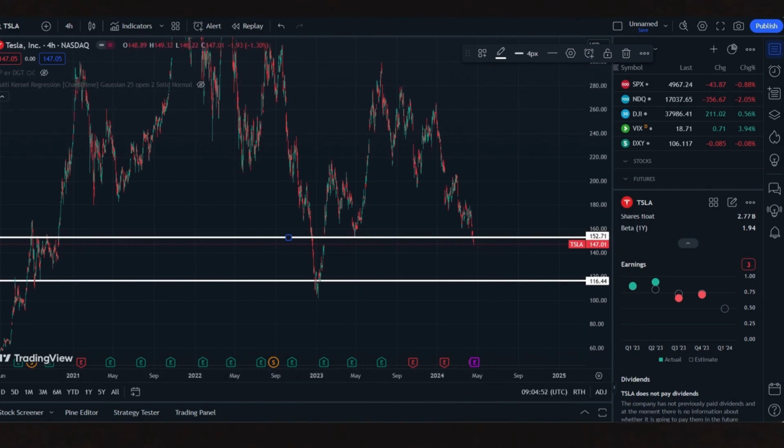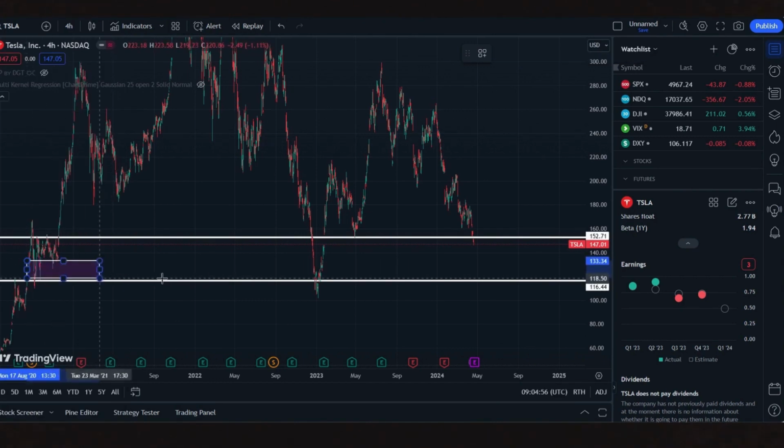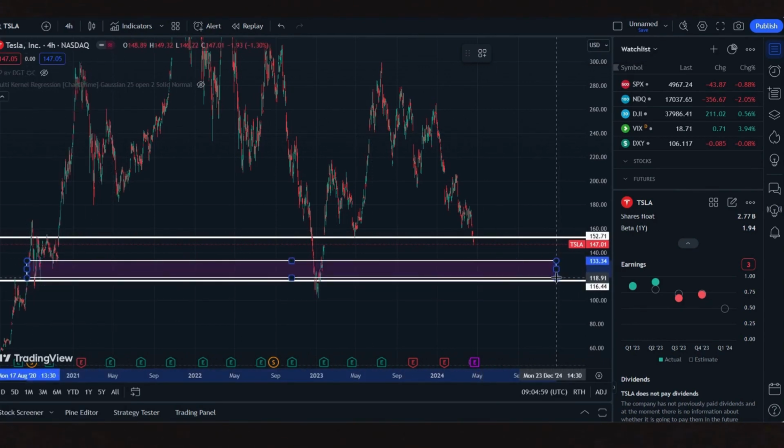But I believe the most important is this level, this area. I show you this distance from these prices just because I would like you to keep in mind the tolerance of the stock price, okay?